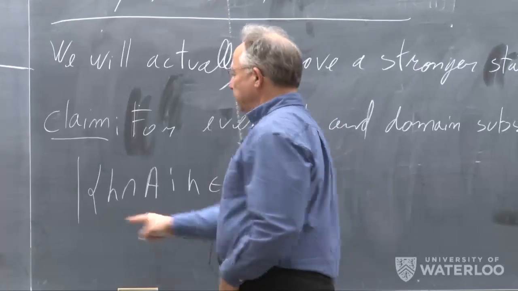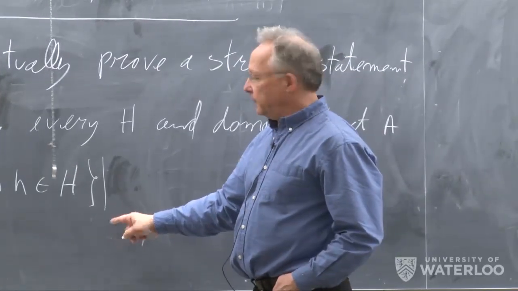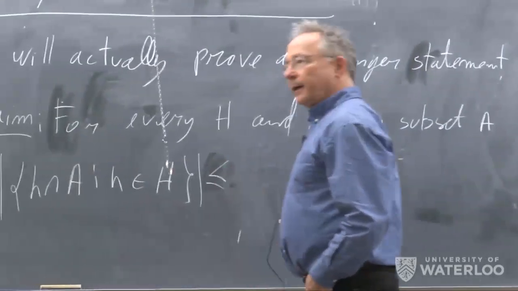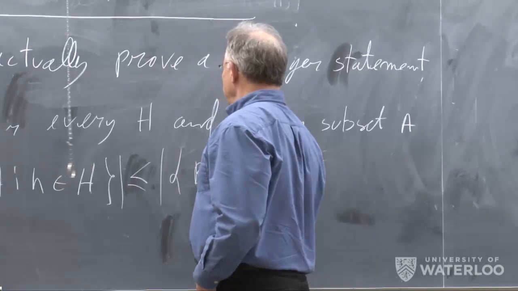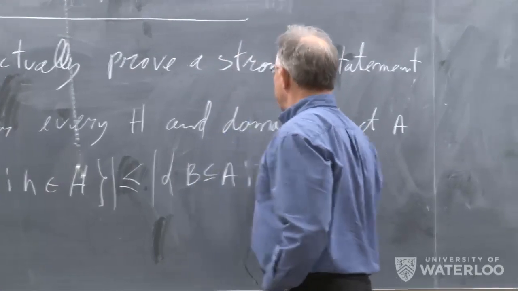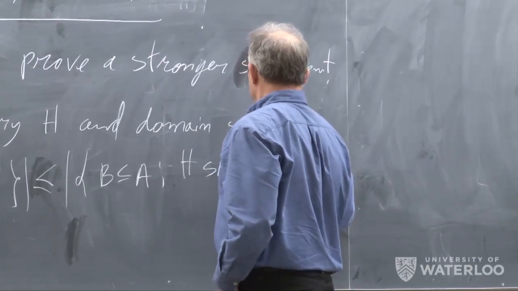This is what we want to bound. We want to bound the number of behaviors of H on A. It is bounded by the number of subsets B of A such that H shatters B.